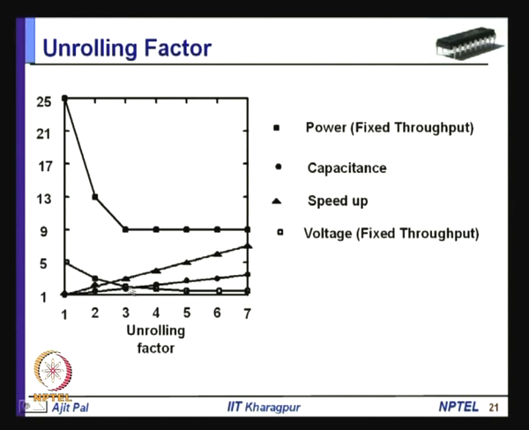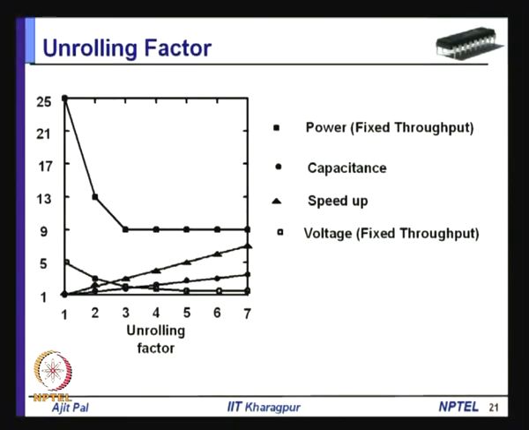Beyond that, you cannot really reduce the supply voltage much, and that is the reason why we were not getting a reduction in power dissipation. That means there is an optimum unrolling factor, beyond which it becomes a point of diminishing return, and at some point there is no return at all. So, you have to choose an unrolling factor which gives you maximal benefit, and beyond that it does not give you much result.